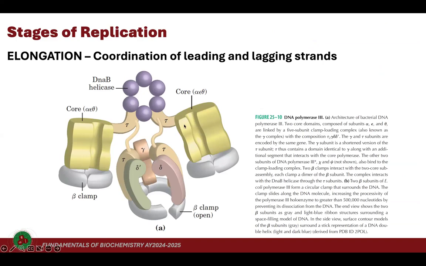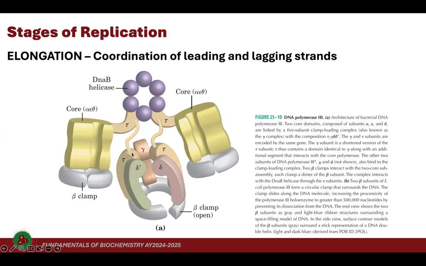So, recall that your DNA polymerase 3 has a lot of subunits. You have the core, which consists of the alpha, epsilon, and theta. So the alpha is the one that polymerizes DNA. The epsilon is responsible for proofreading. And then you have the theta, which stabilizes the epsilon subunit.